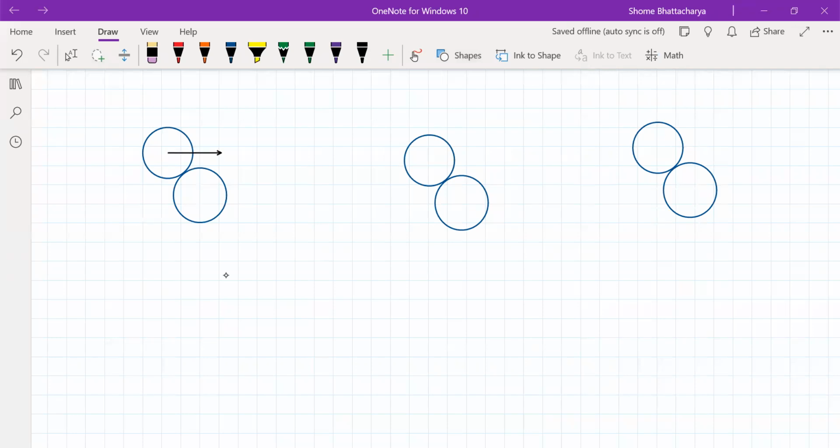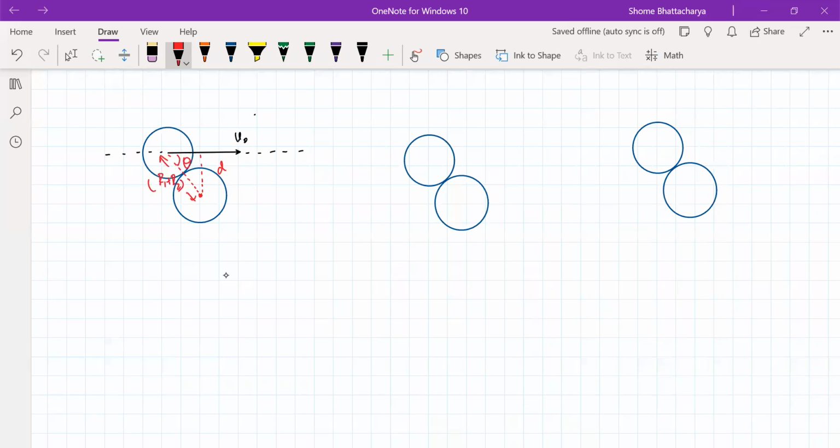this initial velocity vector, its line of action is at a perpendicular distance from this one's center equal to that D parameter, that impact parameter. Whereas the center to center line will have a magnitude of R1 plus R2.